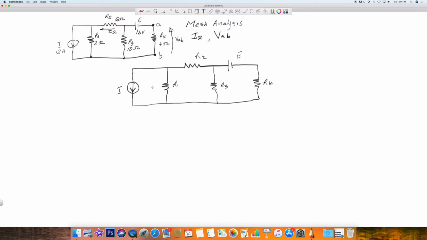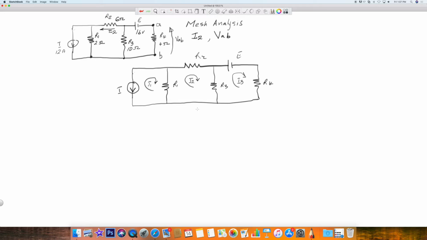So what we want, our mesh analysis requires that you do loop currents in this manner. Now you could do it clockwise or counterclockwise, just stay consistent. Let's call this one I1 for loop 1. Let's call this one I2 for loop 2. And let's call this one I3 for loop 3.